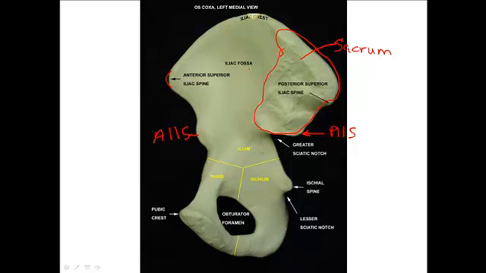The ilium, iliac crest, iliac fossa, the pubis, pubic crest, the obturator foramen, the ischial bone or ischium, ischial spine, lesser ischial notch, greater sciatic notch. Obviously, the sciatic nerve will go through there. The sciatic notch is on the ilium. The lesser sciatic notch, because it's for the sciatic nerve, is on the ischium. So you have to find a way to remember that.